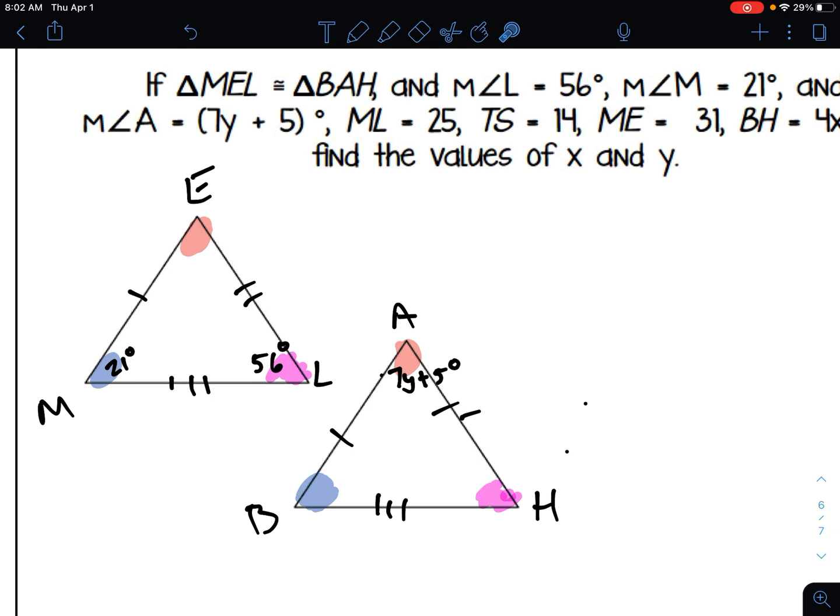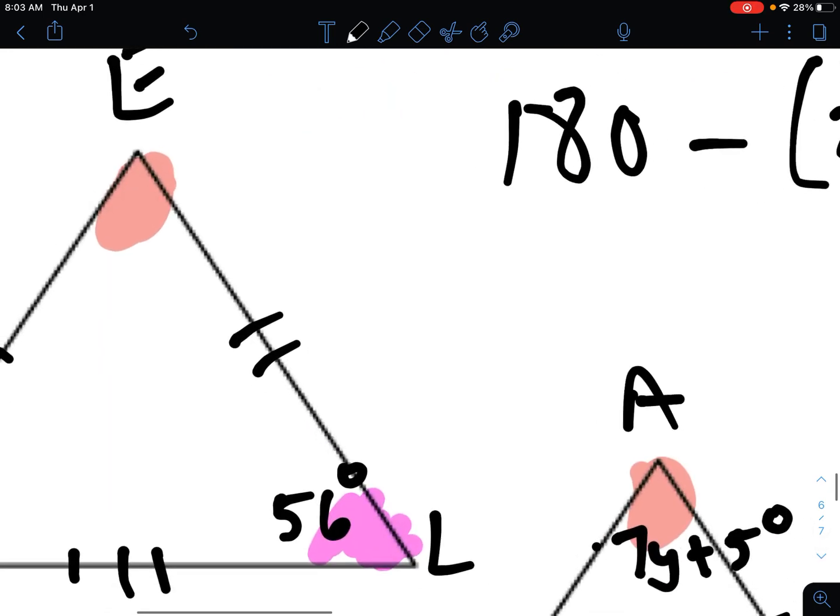Right, and this again, going back to trimester 2, right at the beginning of trimester 2, we know that the three angles of a triangle add up to 180 degrees. So I'm going to do 180 minus 21 and 56 added together, and that's going to give you 103.